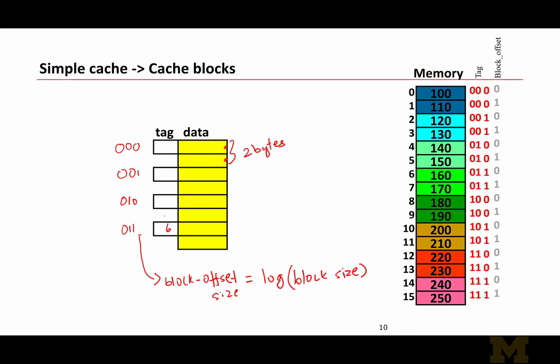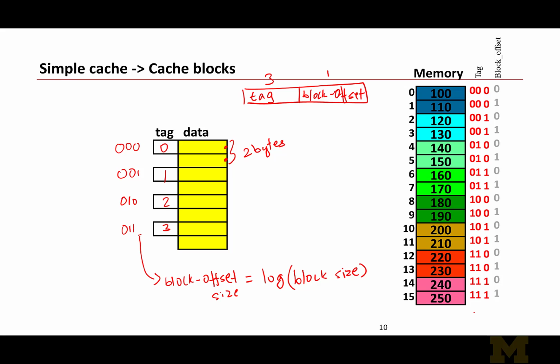So instead of these tags, I would be storing 0, 1, 2, and 3, right? They're not the actual addresses, they are just the tag part of an address. So now an address has 2 parts to it: a part called tag and a part called block offset. Like we said before, for this example, the block offset size is 1 bit and the tag size is 3 bits.